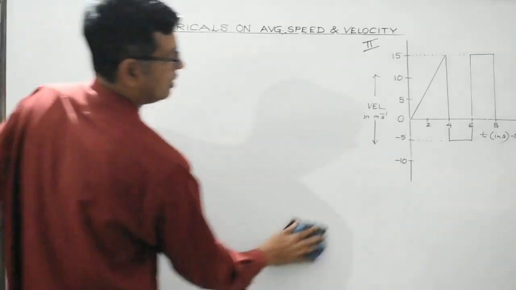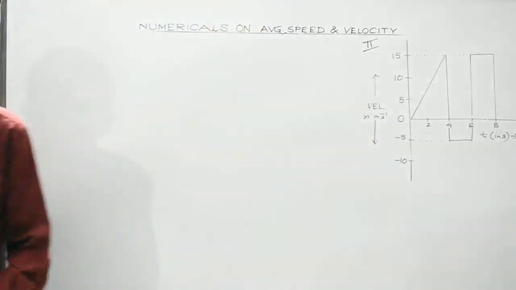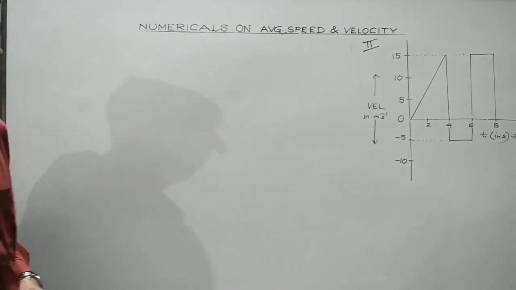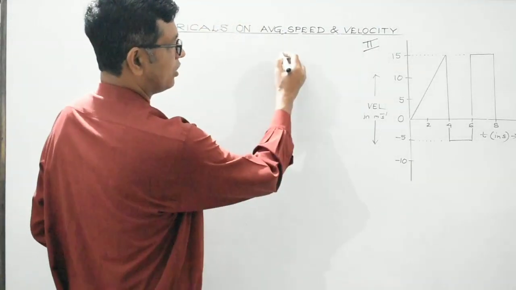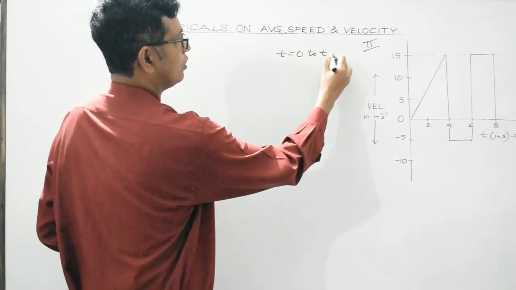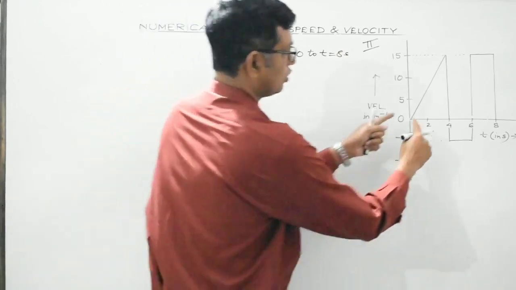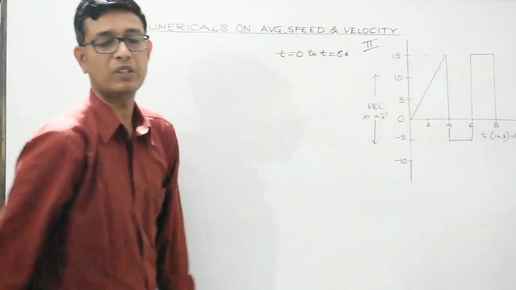I repeat, VT graph of the body is given. We are supposed to find distance as well as displacement during the time interval t equals to 0 to t equals to 8 seconds. So we are supposed to consider from this to this. All the three portions are to be considered, right?